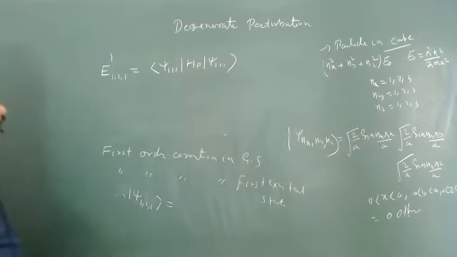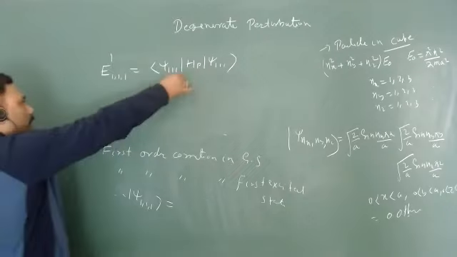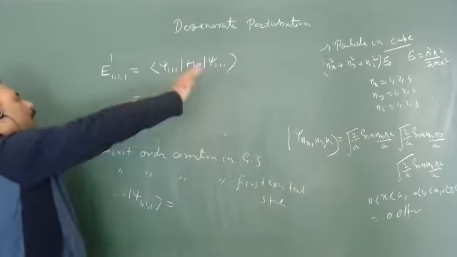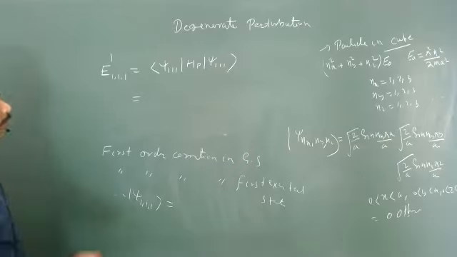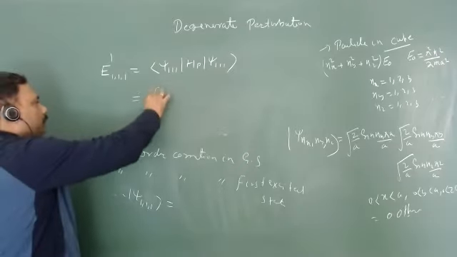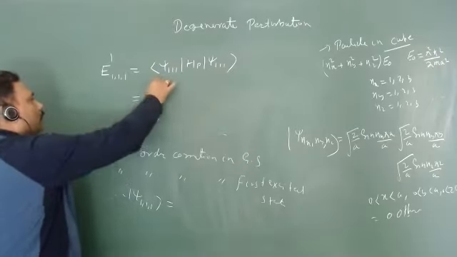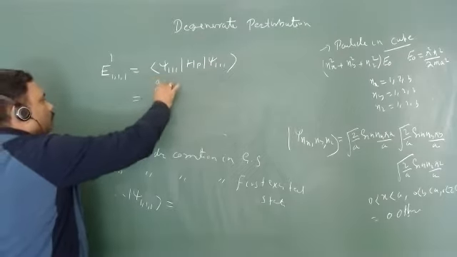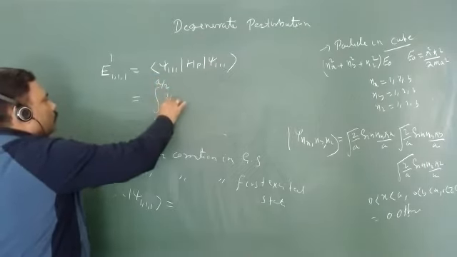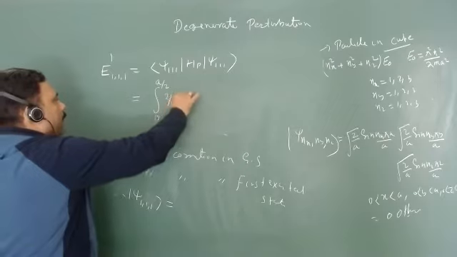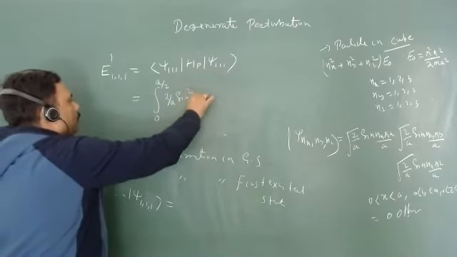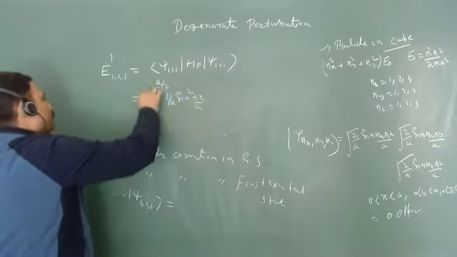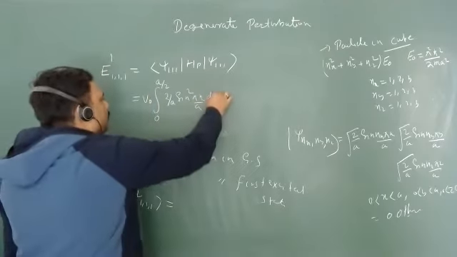So what do I have to do? What is HP? HP is V naught, but we have to go into integral form. So when we go for integral form, the x part is 0 to a by 2, and this is 2 by a sine square pi x by a, and V naught will always be there. This is dx.